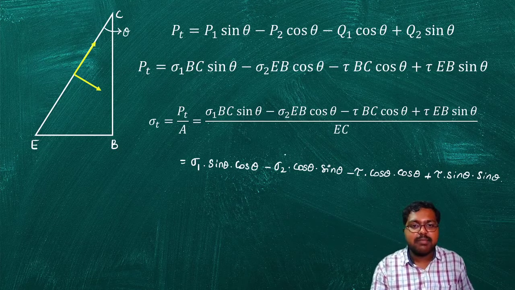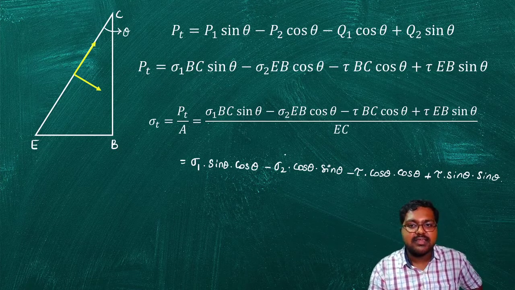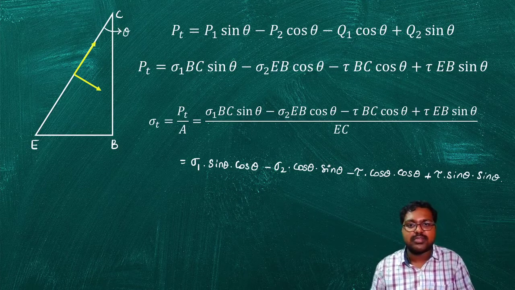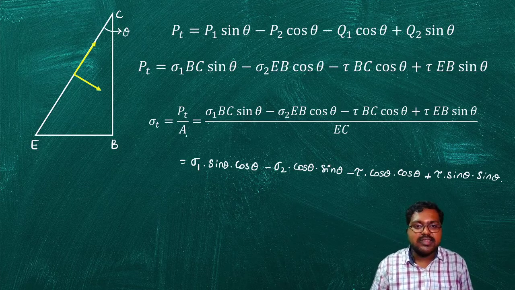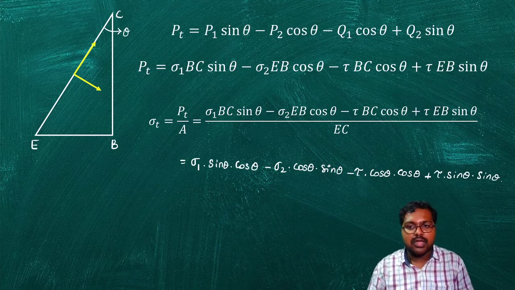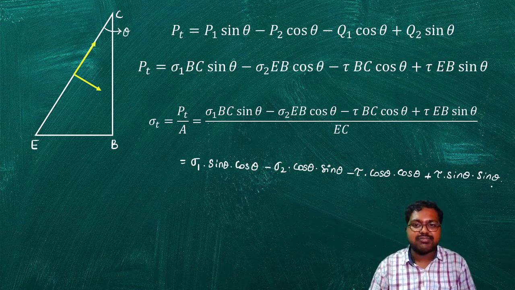So in the same manner, I am considering this with the case 2 and case 3 where member is subjected to direct stresses and member is subjected to pure shear. So this is the part sigma 1 sin theta cos theta minus sigma 2 cos theta sin theta is the part which we considered in case 2, and minus tau into cos theta sin theta plus tau into sin theta cos theta is the case we considered in our case 3.